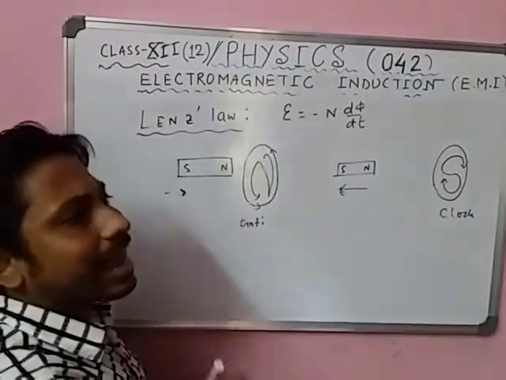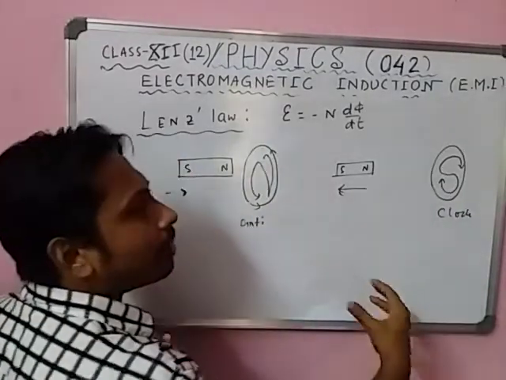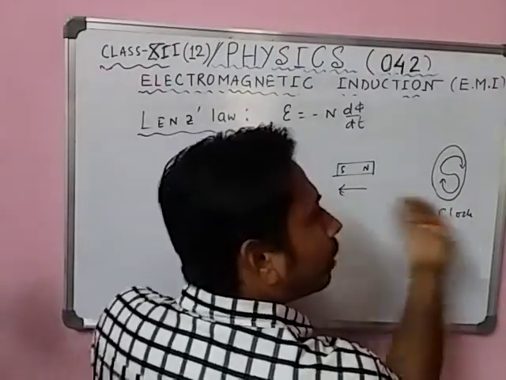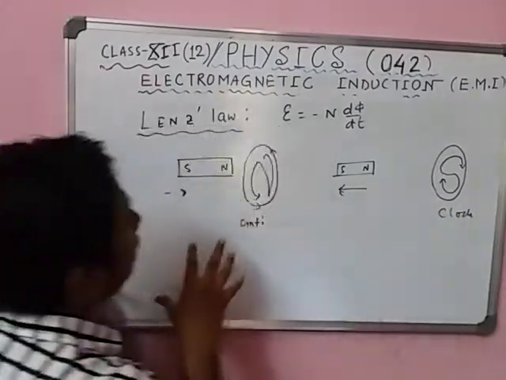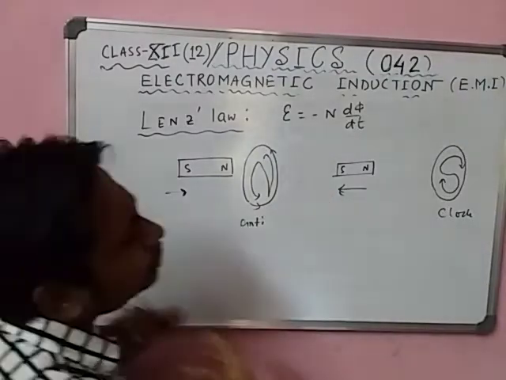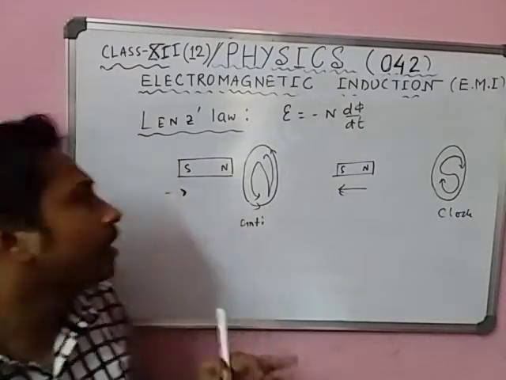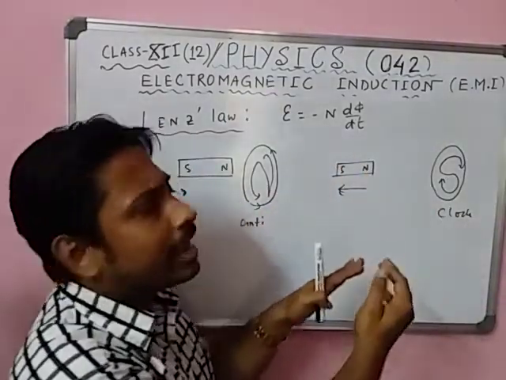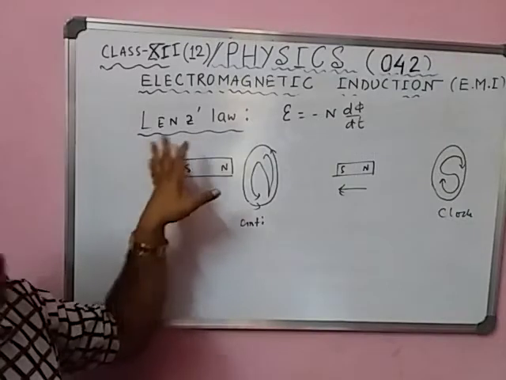So against attraction, we have to provide some mechanical energy to move it out from the coil. That's why every time mechanical energy is given to the system to get the current. So here mechanical energy is converted into electrical energy, and that is explained by Lenz's law.